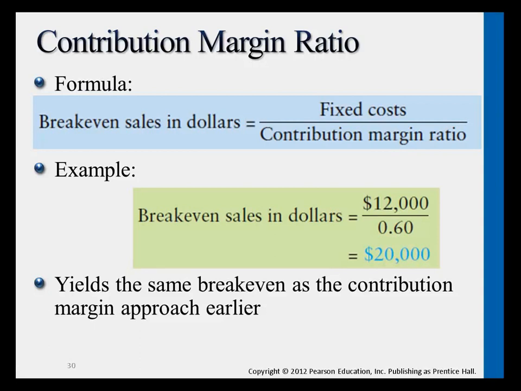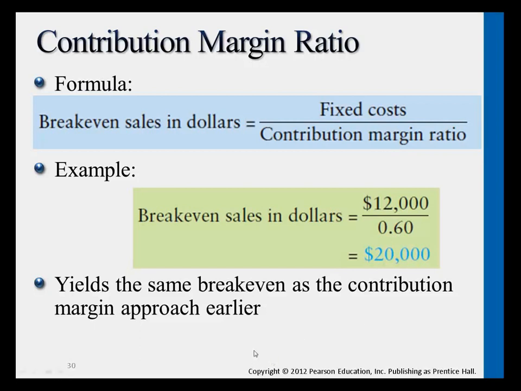So what does he need to do to break even? What Greg needs to do to break even is generate enough contribution margin, at a rate of 60% of sales, so that he covers that cost.